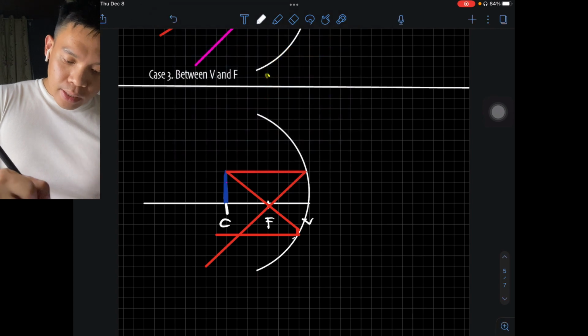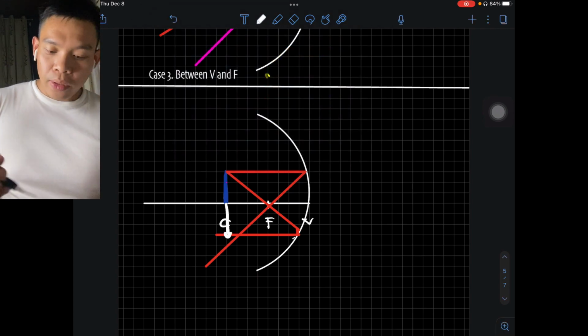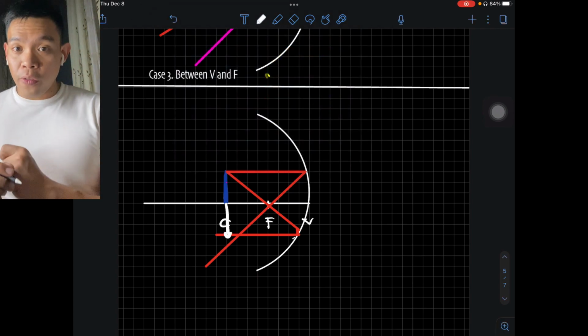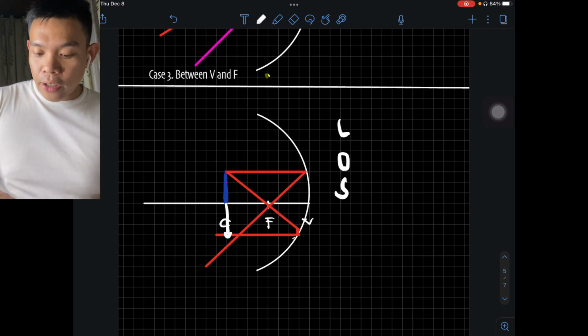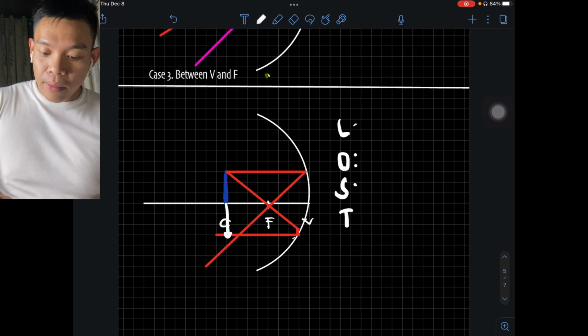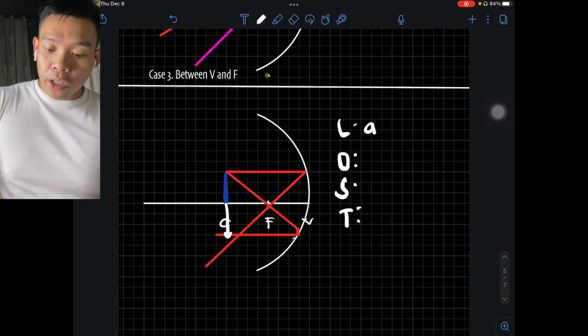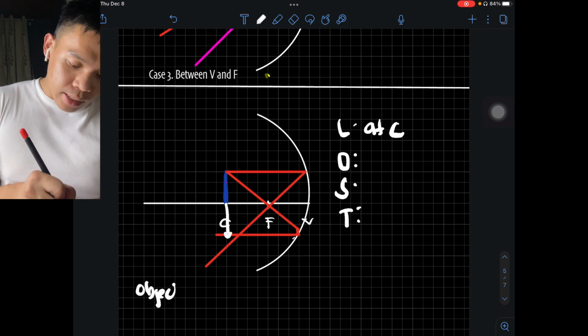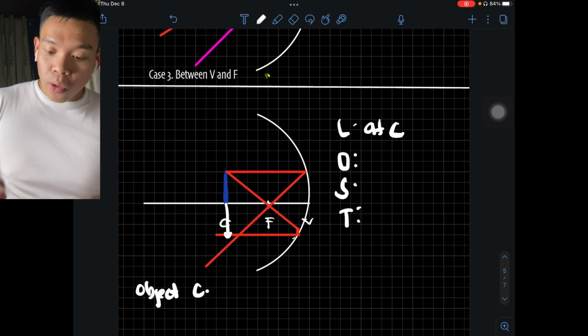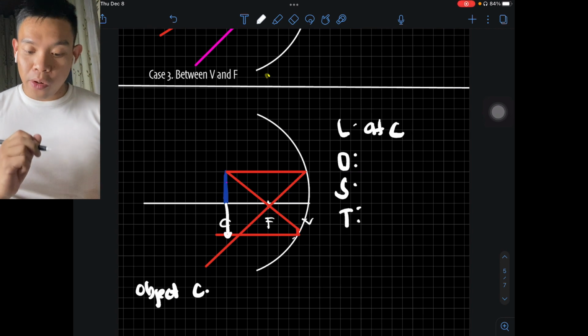In this case, the image formed, since it is at the center of curvature, which is the center of the circle: the location, orientation, size, and type of the image. Location is of course at C. This is the object at C. But the image also forms at C, or the center of curvature.